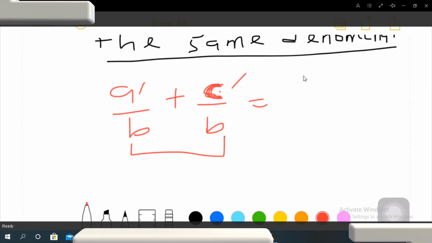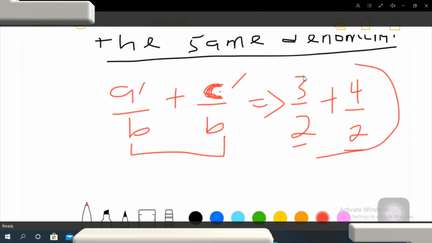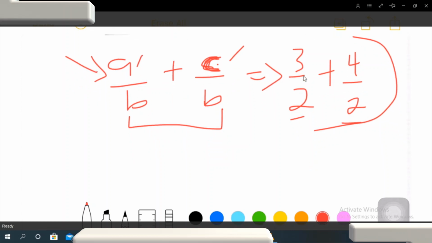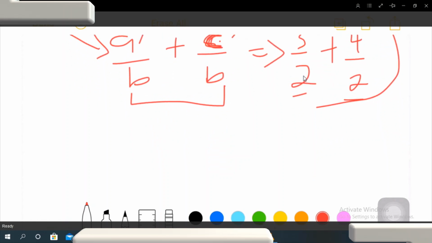This can be a question of, let's say, 3 over 2 plus 4 over 2. It can take the form of this because they have the same denominators. When you have a question like this, the rule should come into your mind. So what do we do? In a case like this, we just maintain one of the b's.